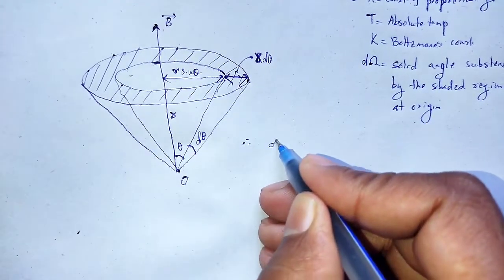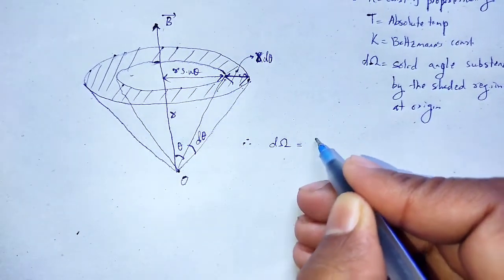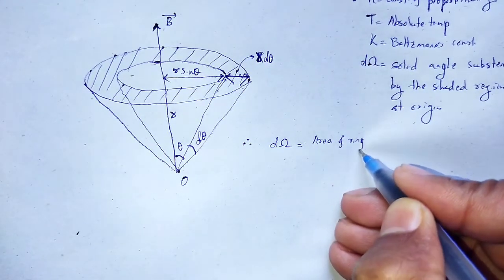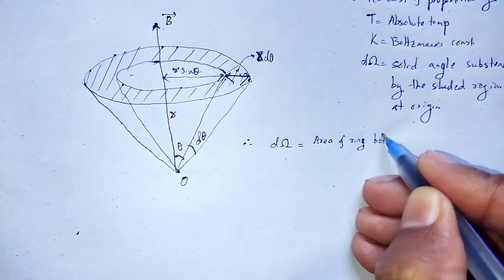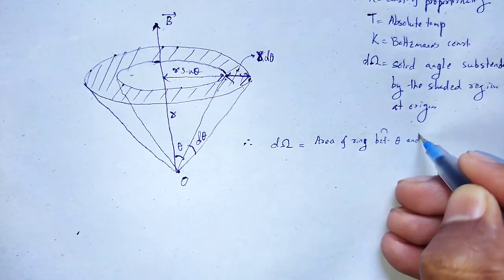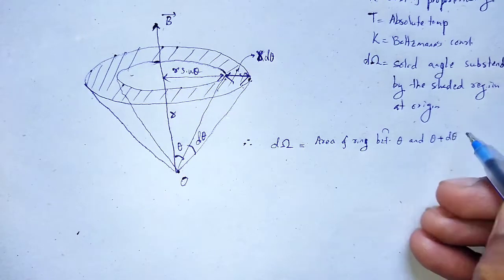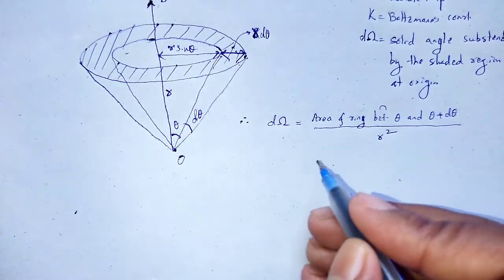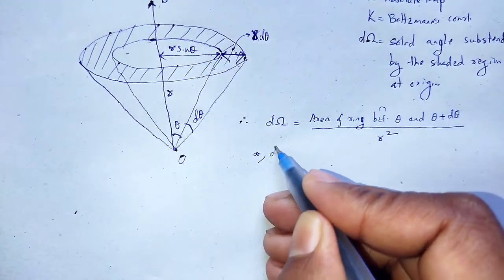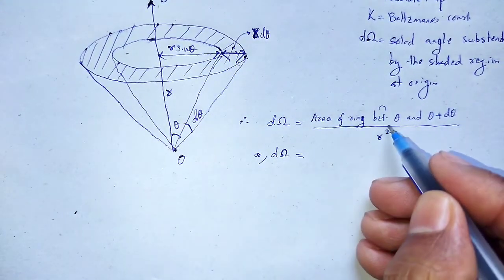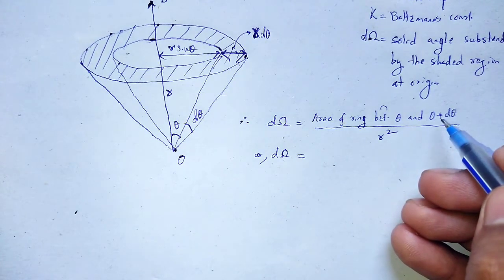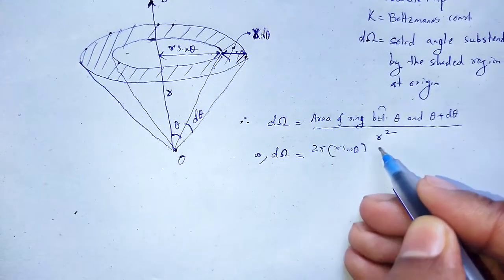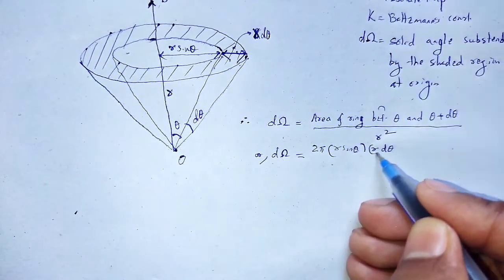Therefore, d omega is equal to the area of the ring between theta and theta plus d theta divided by r square, or d omega is equal to the area of the ring between theta and theta plus d theta, that is 2 pi r sin theta r d theta.